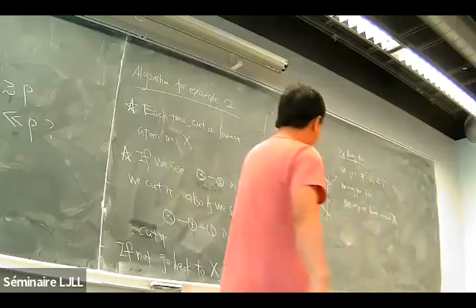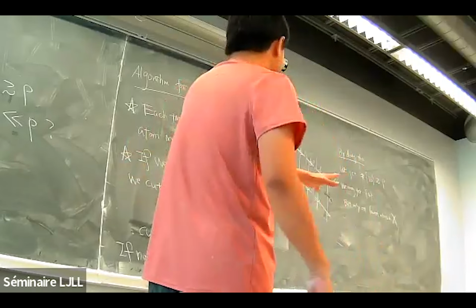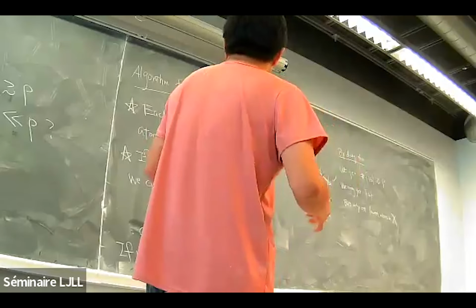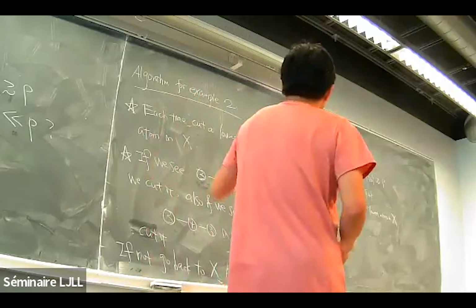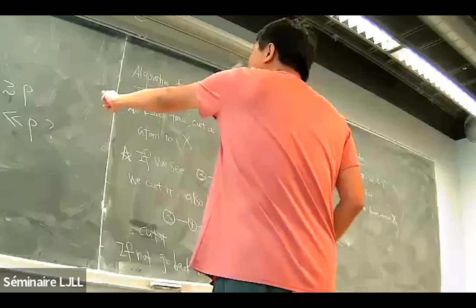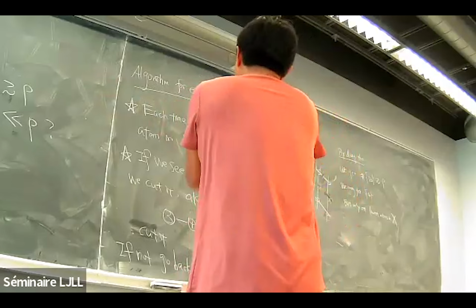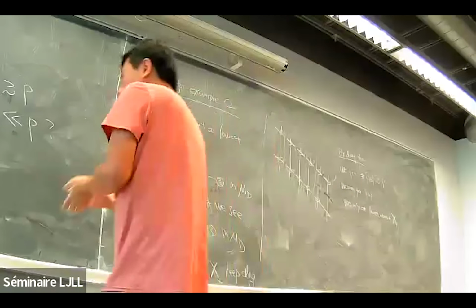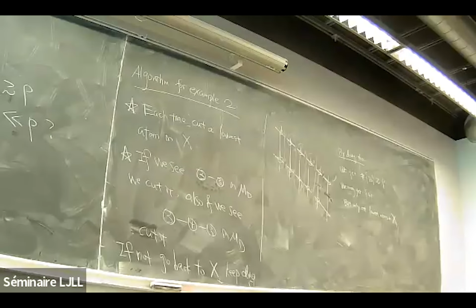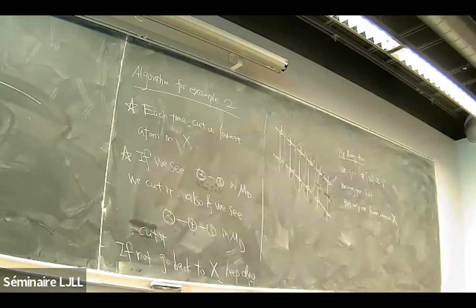And here this final ingredient: we only get lowest atoms in X, so we need to count the number of lowest atoms in X. Now the nice thing is that since everything in X is going to have an edge connected to the bottom, let me draw it here. We have an X, okay, so this lowest atom in X has one child, this ND.